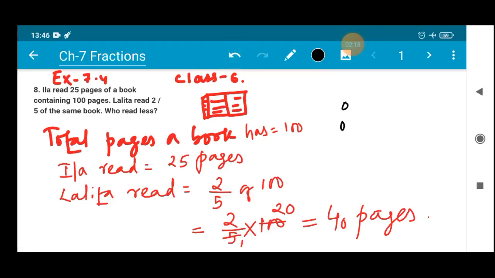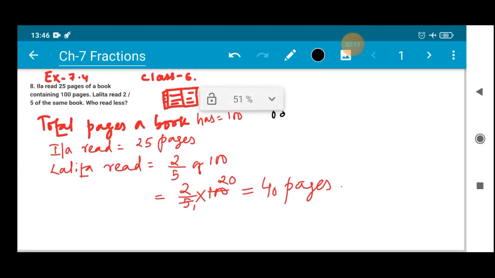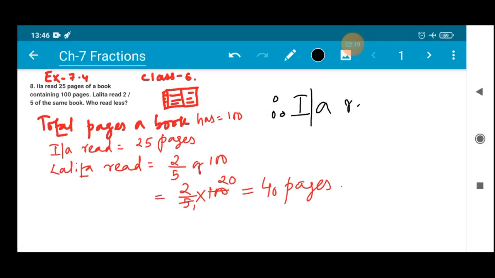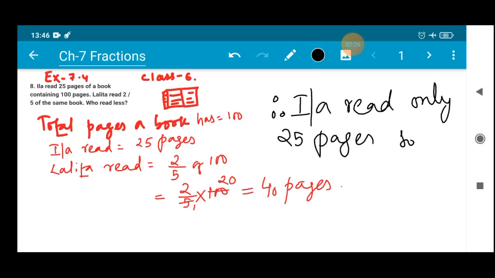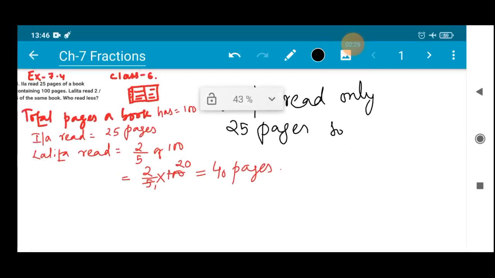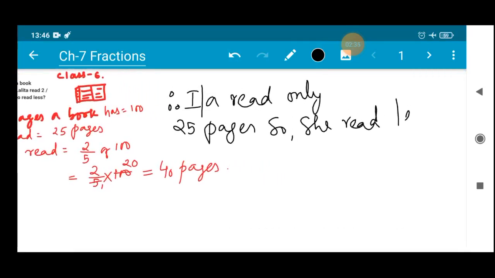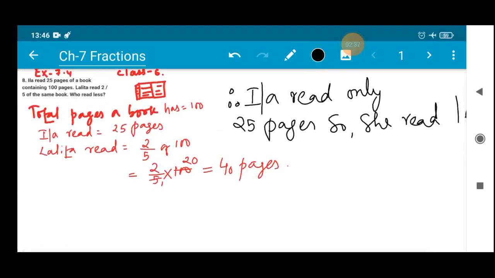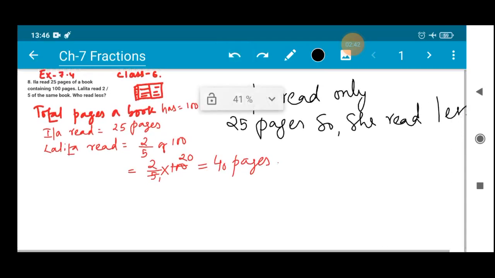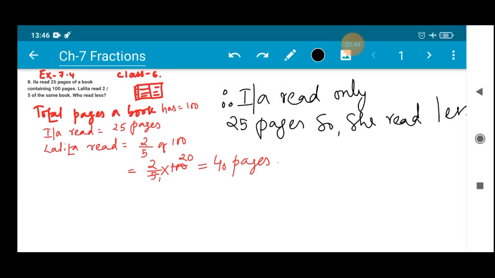So you'll write, therefore, Ela read only 25 pages, so she read less, isn't it? Easily you can compare with Lalita. Lalita read 40 pages, Ela read 25 pages, so you can compare it directly.